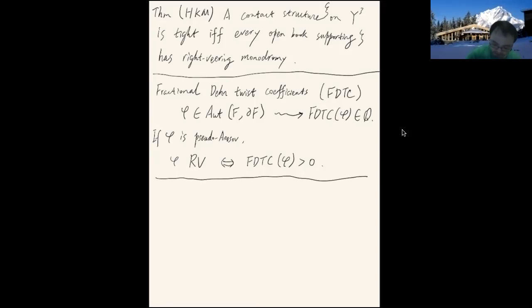So the remark: the main theorem is more or less known to experts on laminations.